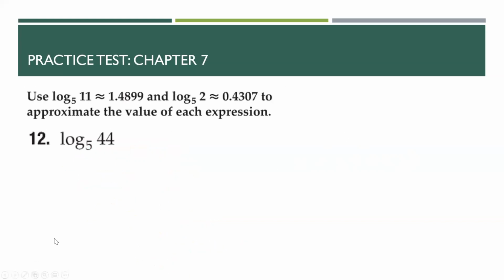All right. And then number 12, we have log base 5 of 44. It tells us here that log base 5 of 11 is approximately equal to this decimal here, and log base 5 of 2 is approximately equal to this decimal here. So we're going to use these values to approximate the value of this expression, okay?